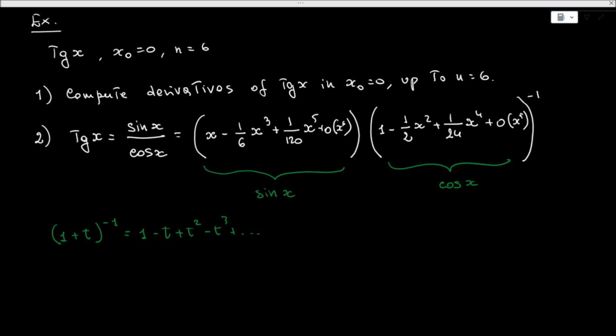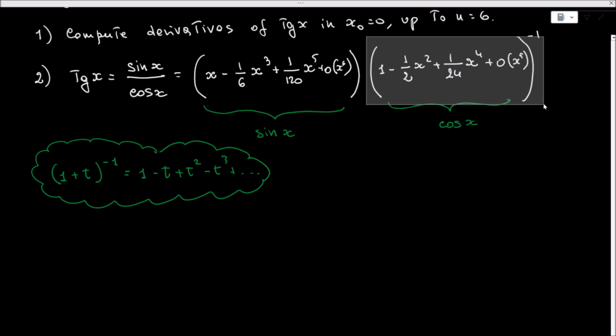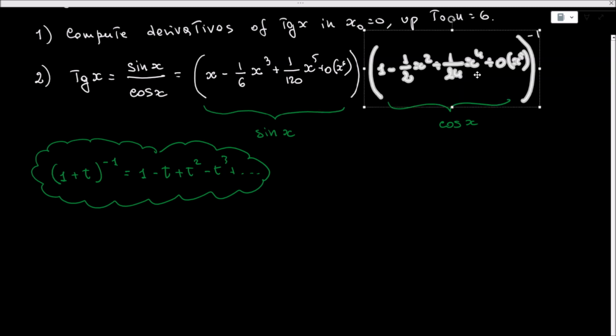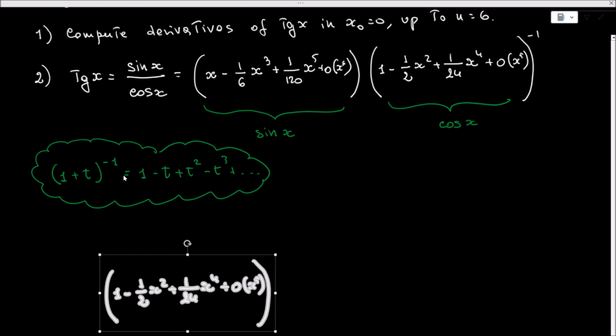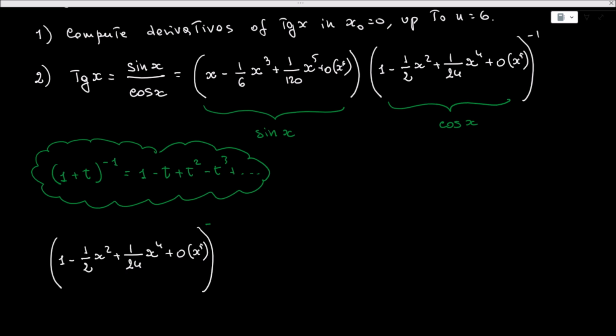Now, if we apply this formula to this expansion, so let me copy this here. Well, what we have, we need to write all this to the minus 1, okay?